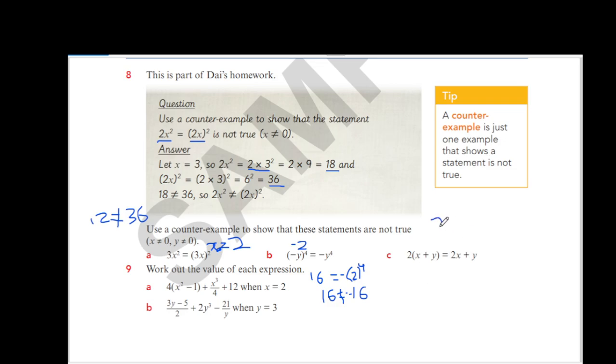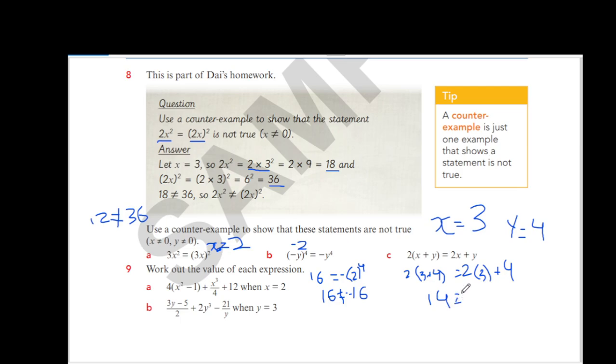Now assuming x is equal to 3 in expression C, and y is equal to 4. So 2 into x plus y: 3 plus 4 is 7, 7 multiplied by 2 will be 14.